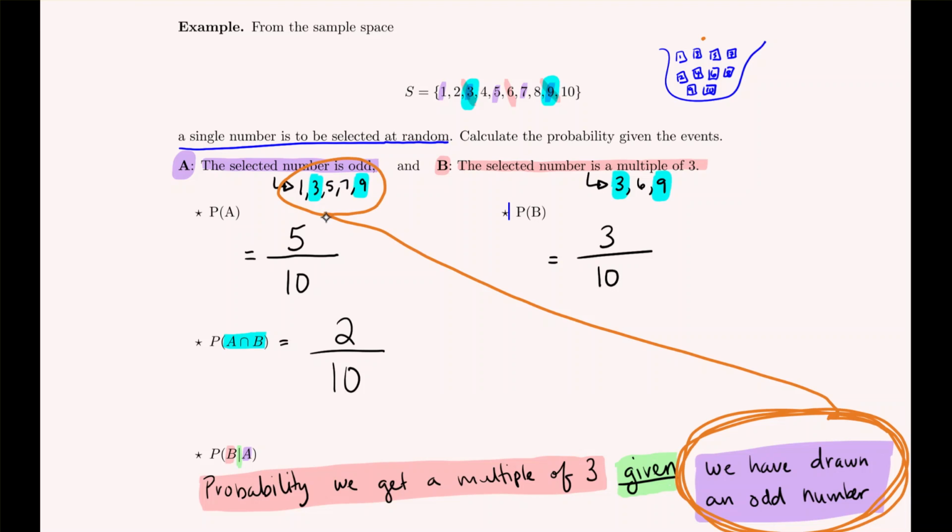So what that does is that extra information kind of resizes our total number of outcomes. Since we've been told that we have an odd number, our new denominator of this expression, the total number of possible outcomes, is no longer 10, but 5, because we know the even numbers have been excluded.